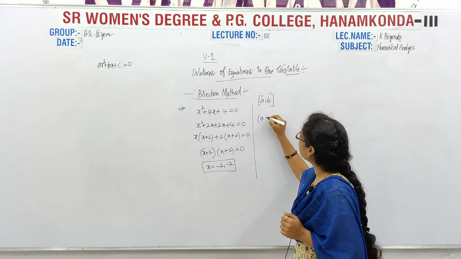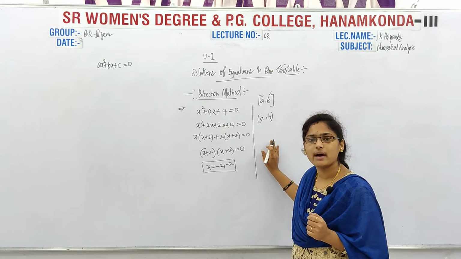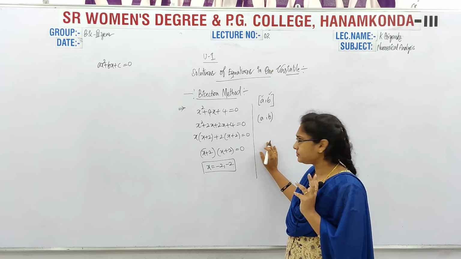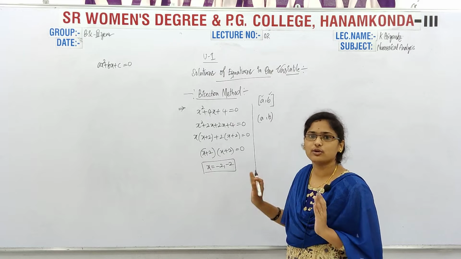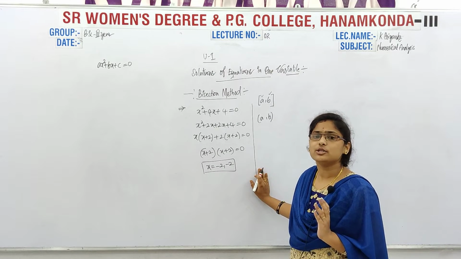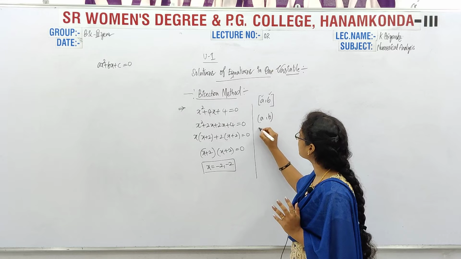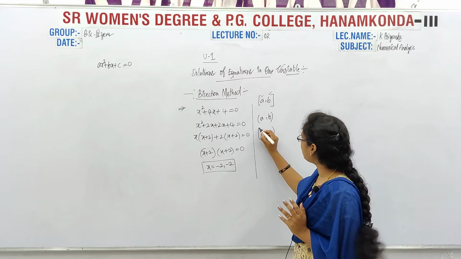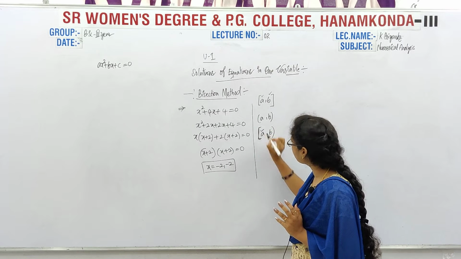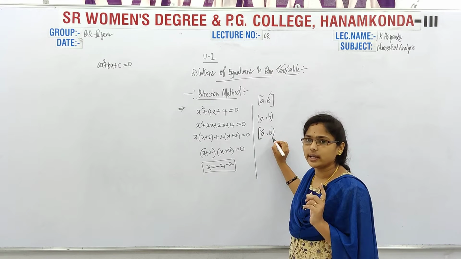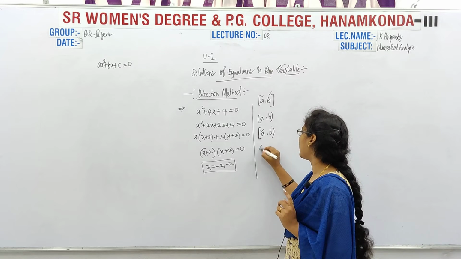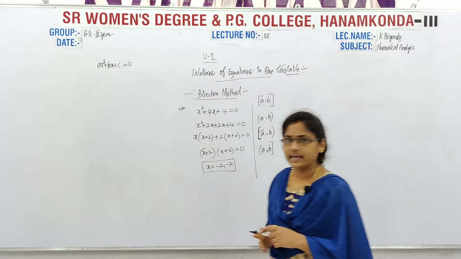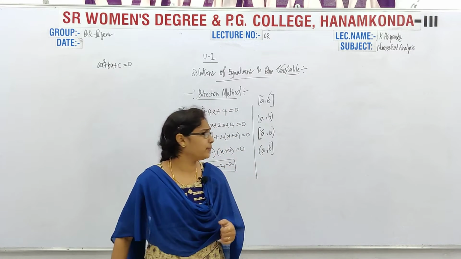If they give open interval a comma b, then no need to take a and b; between the values of a and b we have to take. Okay. So next we have to go for this semi-open or semi-closed. When it is closed, then we have to include this value. When it is open, don't include that value. Okay. And in another one, another method is this one. Like this we have to. Okay. I hope it is clear to you.